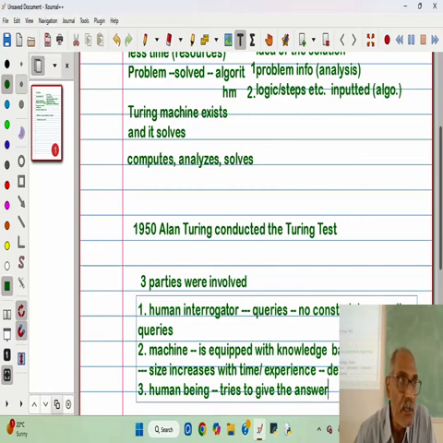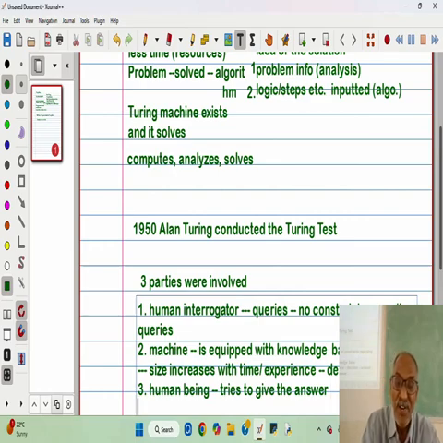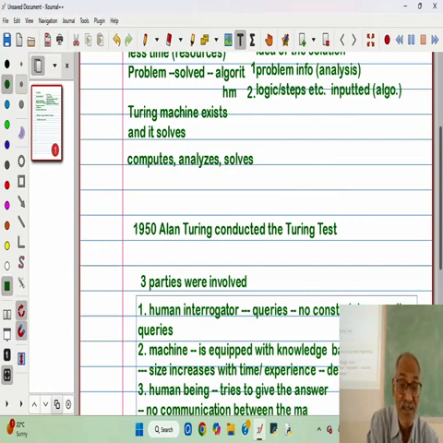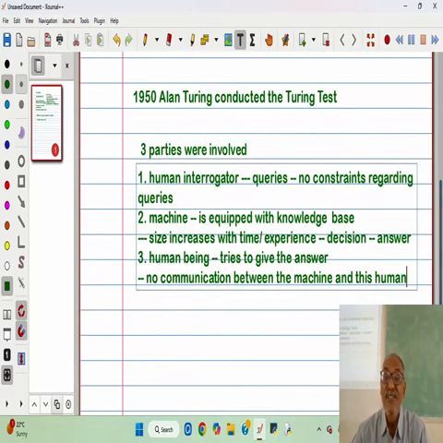Are you with me? And the important point here is that there is going to be no communication between the machine and this human.